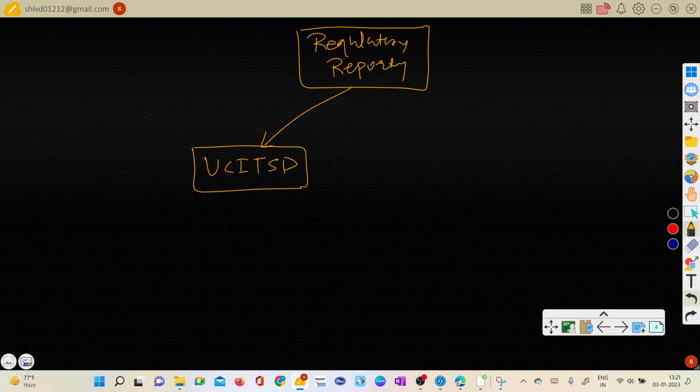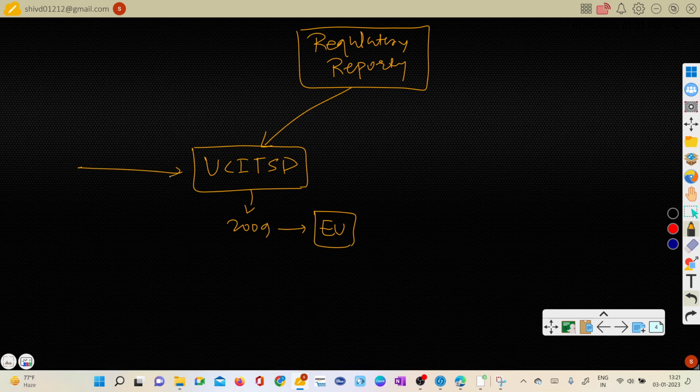UCITS means Undertakings for Collective Investment in Transferable Securities Directive 2009. Right, this regulation is from the European Union. If you're working for the European Union, it's a mandate to prepare the reports as per the prescribed format given by UCITS for private funds, and accordingly they need to provide the report to the particular regulatory bodies. Okay.